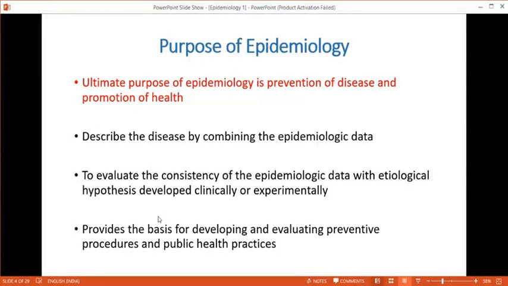When do the changes start, when will it be beneficial, how to give it? Can it be given along with the vaccination, or when they are born? Can it be in the hospital setting, or a door-to-door setup? What are the possible methods, and which one is efficient? All these things can be done only by doing epidemiological studies.